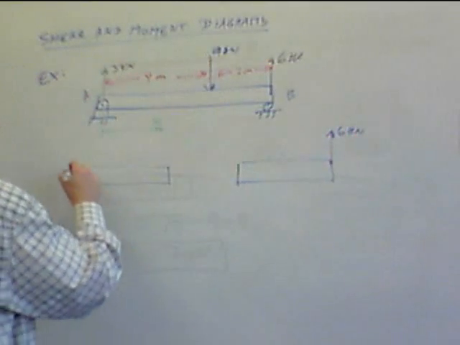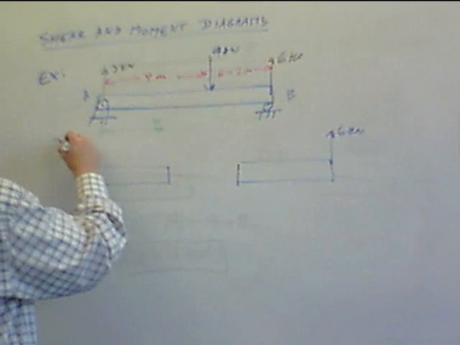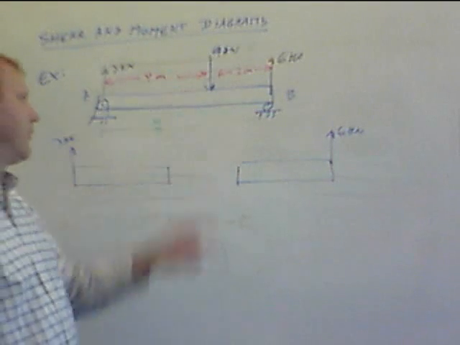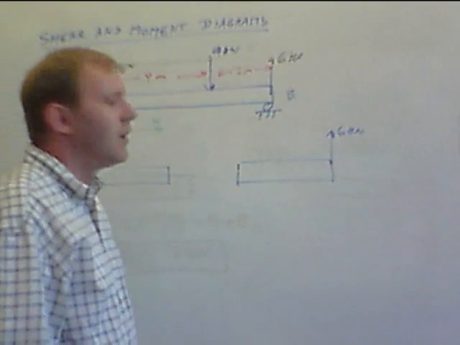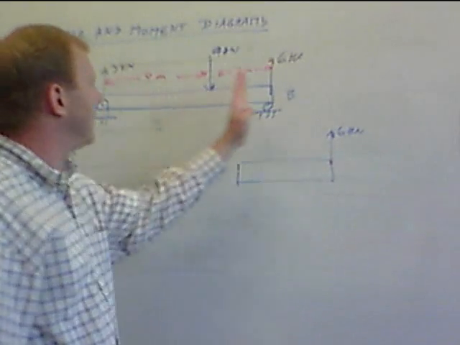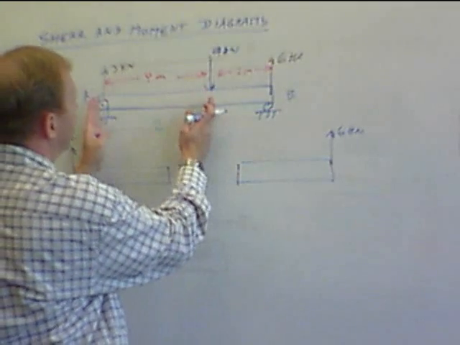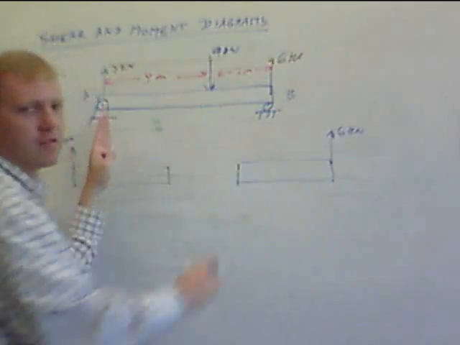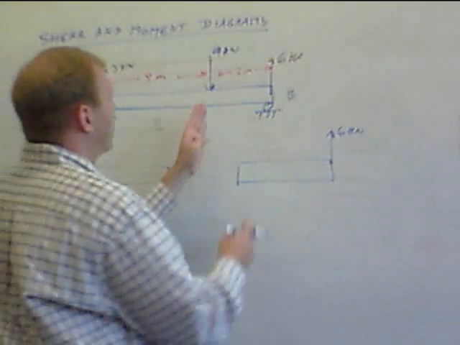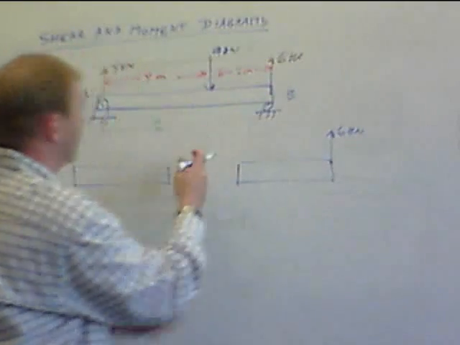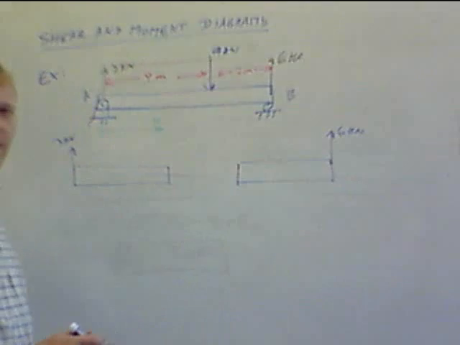I'm going to have a 3 kilonewton force over here. Now, the question becomes, where does this 9 kilonewton force go, on the left or the right? That depends on where on the beam we're looking. If we're looking at x from 0 up to 4 meters, that means the 9 kilonewton force is still going to be over there. If we're looking at from 4 to 6 meters, that means the 9 kilonewton force is going to be over on this side.